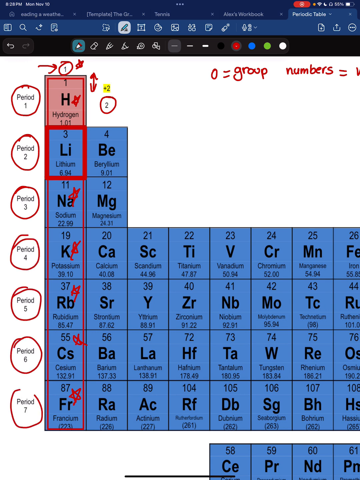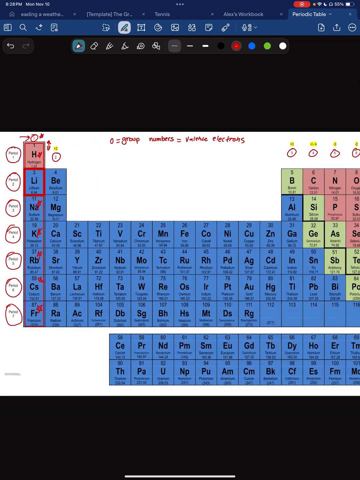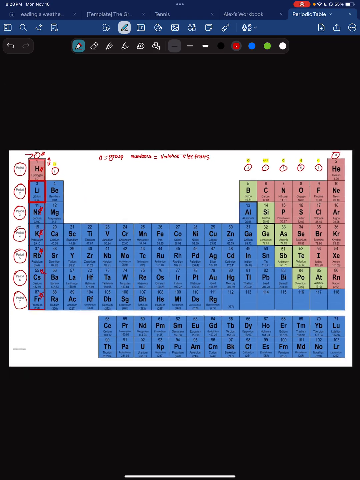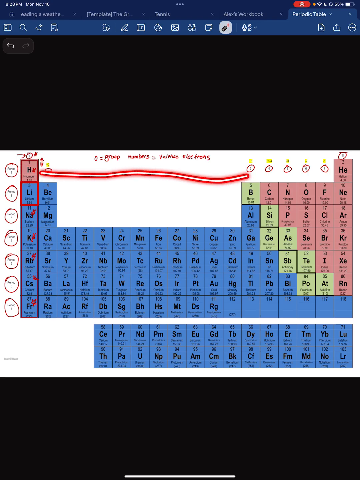The period is your horizontal row. So all the elements that are in that period are part of that row. That means hydrogen over here is in the same horizontal row as our helium over here. They're all part of the same period.